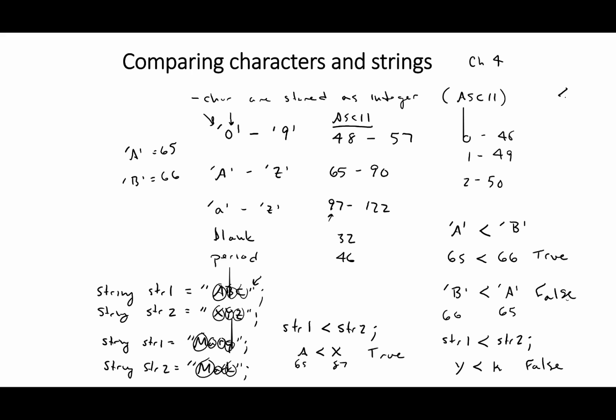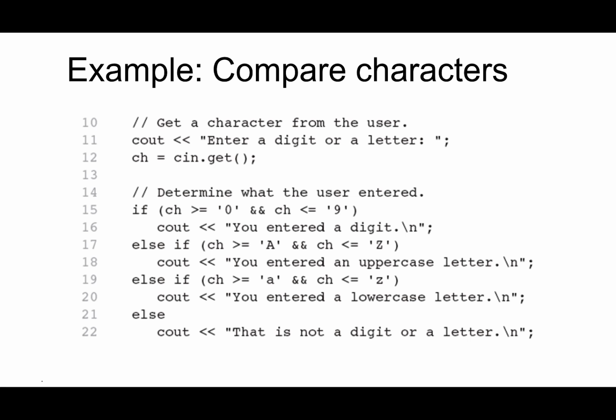These are less than, greater than, less than or equal to, greater than or equal to, and is equal to. Let's look at some example code for comparing characters. What we're doing here is a cout asking the user to enter a digit or a letter, and then we're going to get whatever they enter.